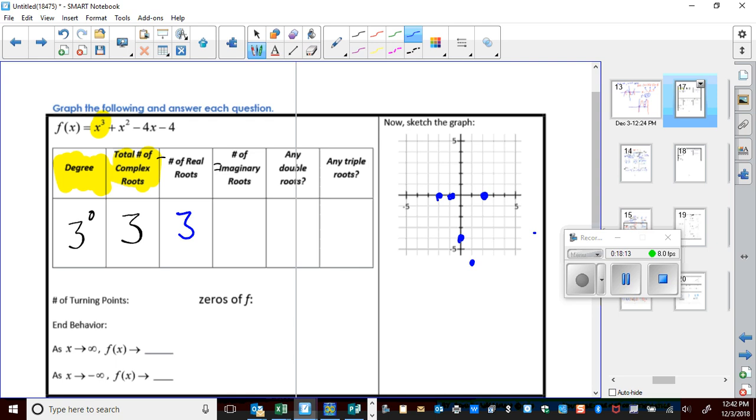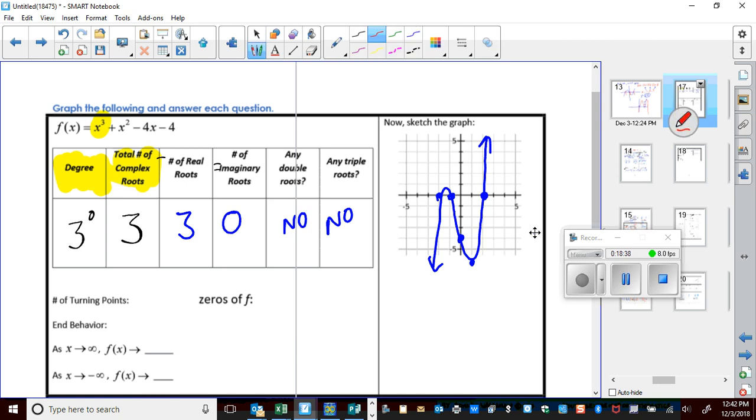Okay, so my graph looks something like this. So there's 3 turning points. Got my 3 zeros. So there's absolutely 0 imaginary roots. Are there any double roots? No. Are any triple roots? No. Turning points.